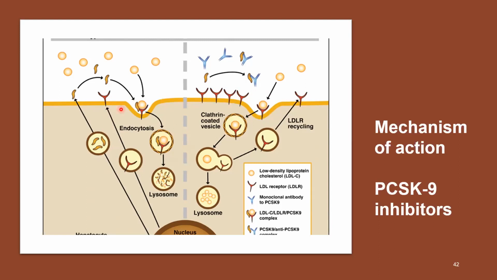Unlike the other case, where some of the receptors are already destroyed and only a few are recycled. So the more receptors we have, the better, because you can capture more LDL to be metabolized, right? Understand?